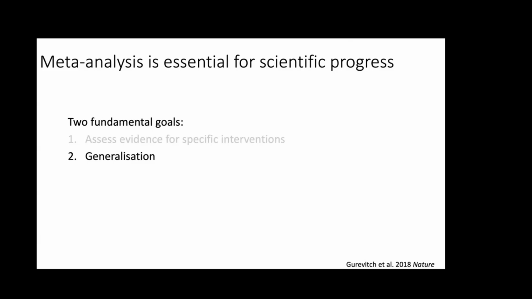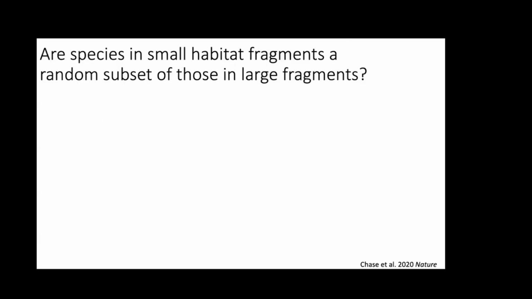And I think the example that I'm going to give from memory is an example where we're looking across multiple systems. And this was something that the leader of our group, Jonathan Chase, led, and he was interested in asking whether or not species in small habitat fragments were a random subset of those found in large habitat fragments.